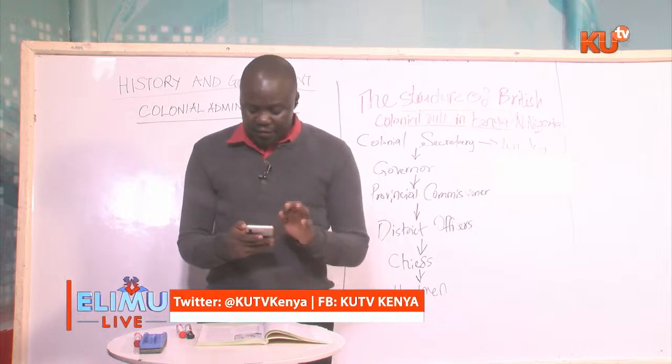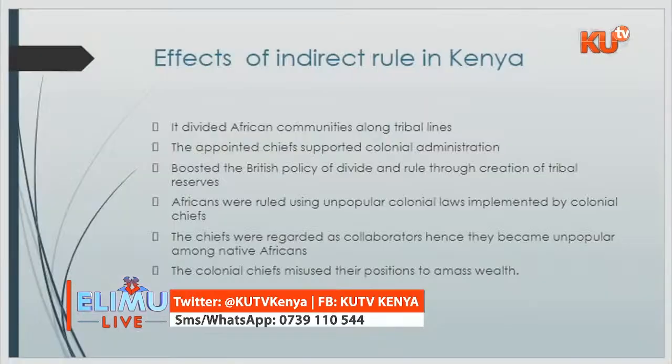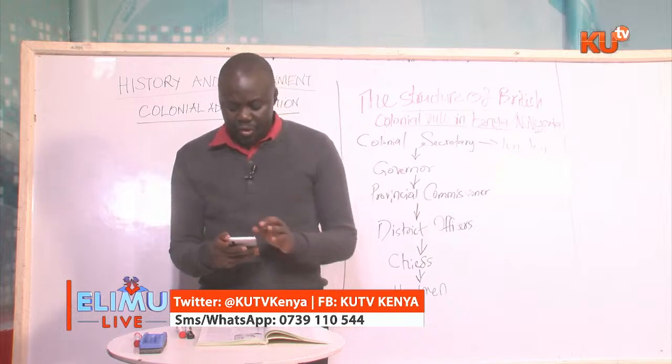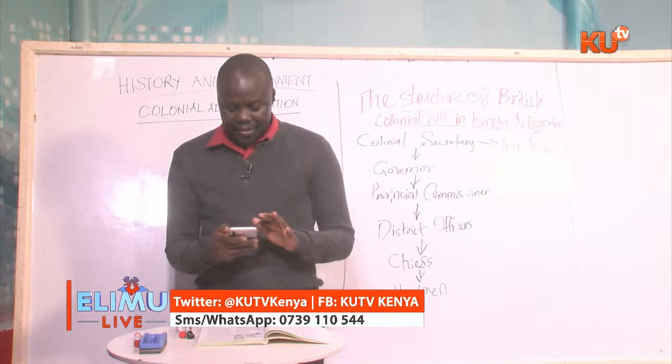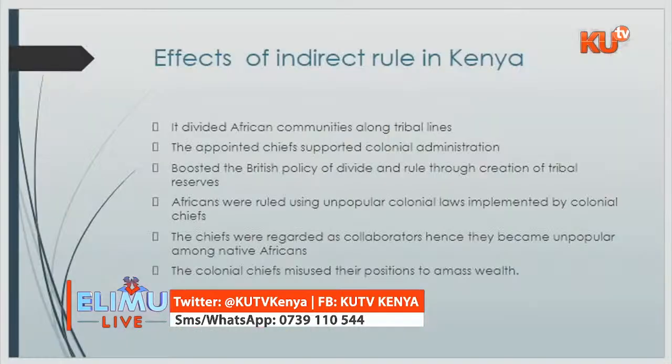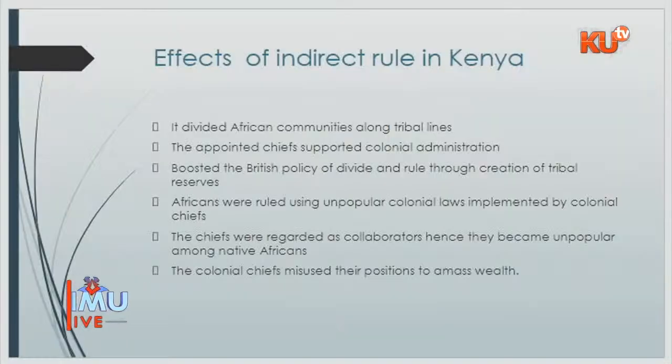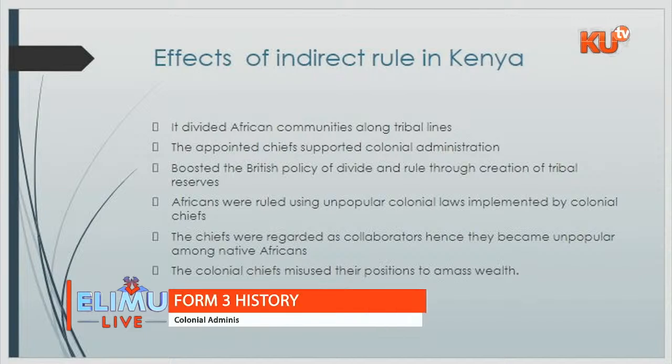Then again, the chiefs were regarded as collaborators since they became unpopular among native Africans. The chiefs became the enemy of their own Africans because they were seen to be collaborators with the British. Then again, the colonial chiefs misused their positions to amass wealth. Now that is going to be very normal because the British government had entrusted them with the autonomy that they wanted.